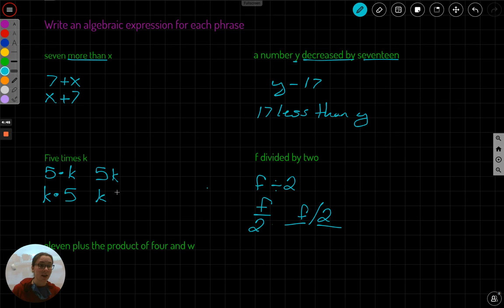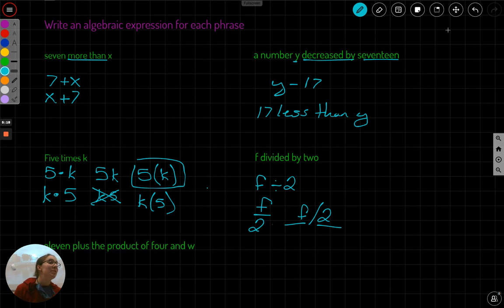We don't see k5. Just 5k. Like a 5k, like if you're racing cross country, 5 kilometers, 5k. Means 5 times k. The last 2 ways are 5 and parentheses k. And we really wouldn't see k in parentheses 5, but it is possible. It's not as common as this one here. Okay? That is 5 different ways to write 5 times k.